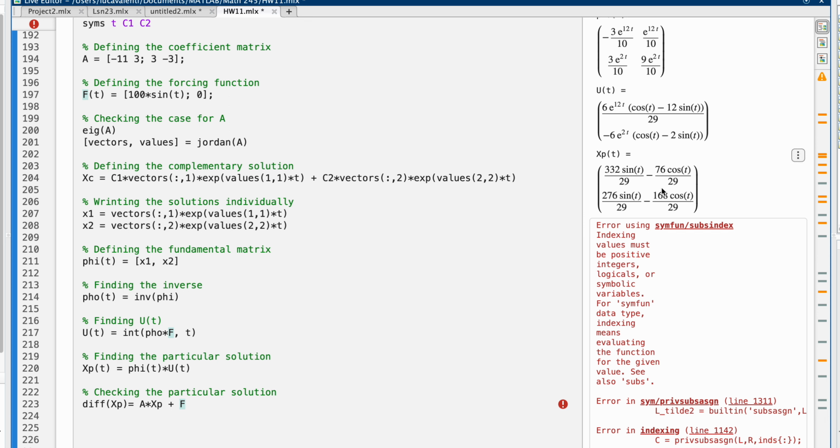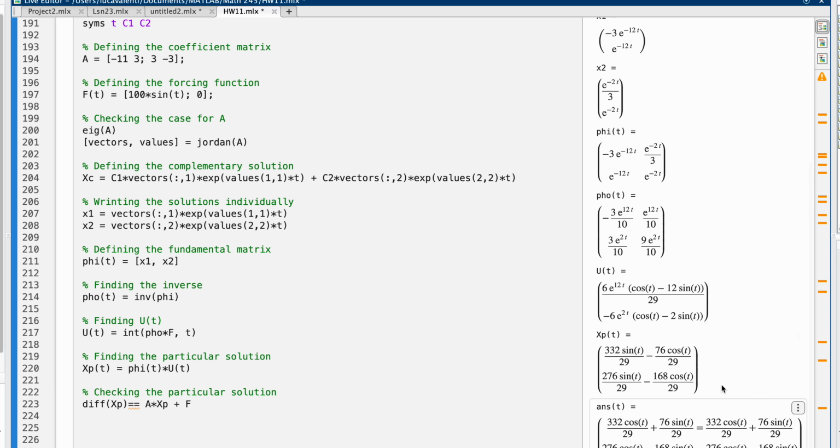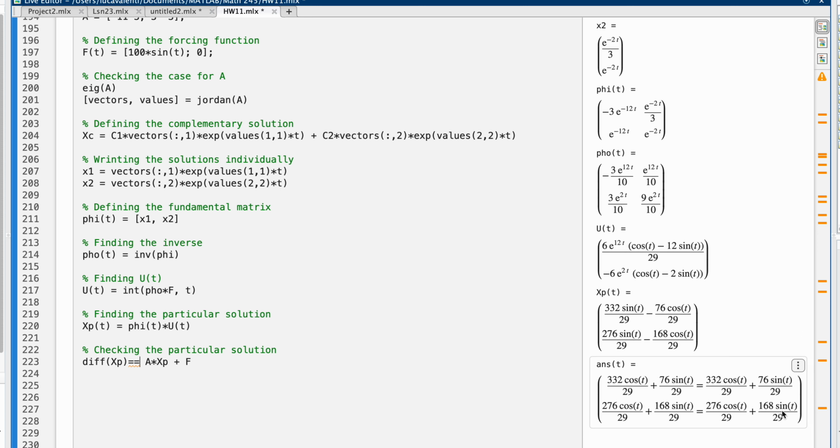So here I can confirm to you that we're getting what we should be getting, and here there's something I did wrong, and that is I had to put a double equal sign, because equality is given by a double equal sign in MATLAB. And then I should get the same thing on the left and on the right, which I do, which means that this solution is a proper solution.